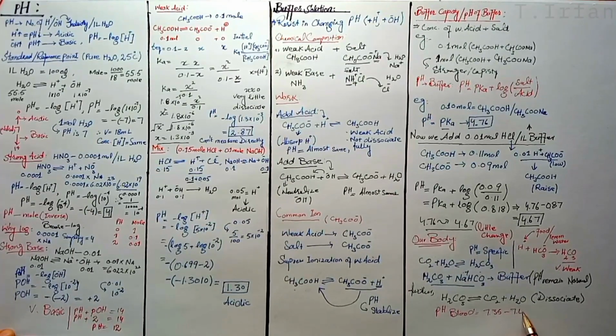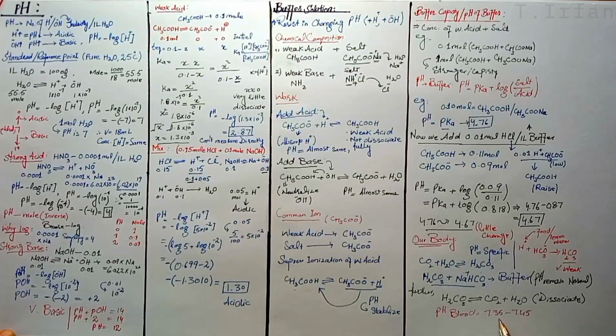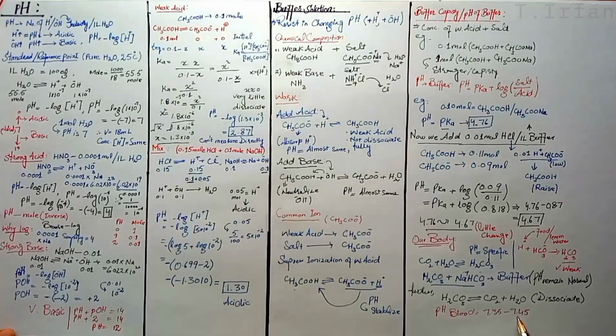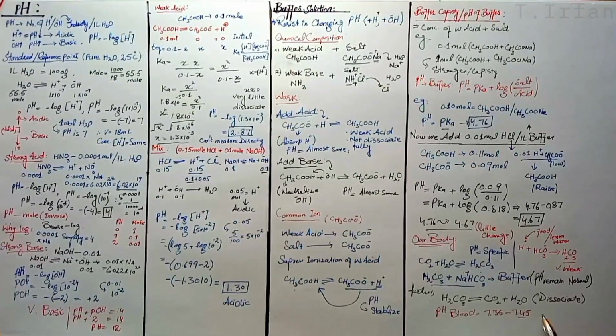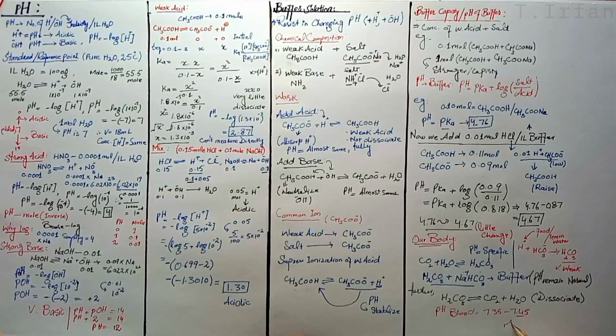The pH of our body remains a little bit basic, from 7.35 to 7.45, and a minor change can cause death. So we should thank the buffer which stabilizes the pH of our body.